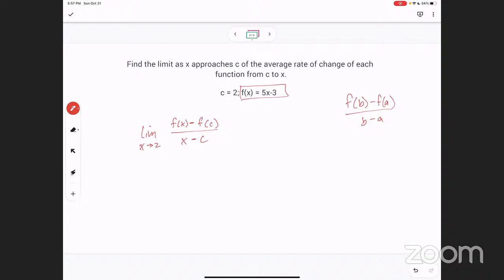So now let's plug it in. This is the limit as x goes to 2 of f of x, which is 5x minus 3, minus f of c. Well, c is 2. So 5 times 2 is 10, minus 3 is 7, all over x minus 2.